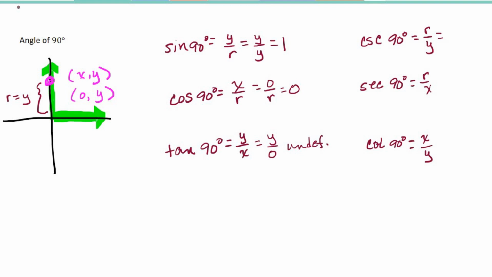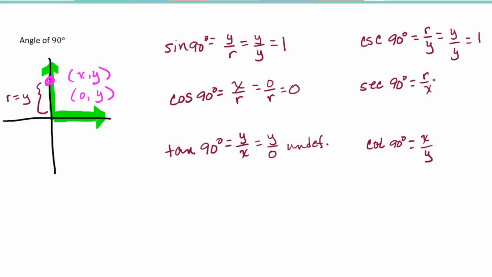For the next three trig functions, I'm going to go back to my circular definitions. Cosecant is defined as r over y, and in this case, r and y are equal, so you have r over r or y over y, and that is equal to 1.